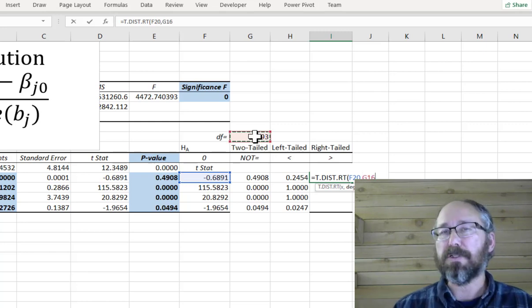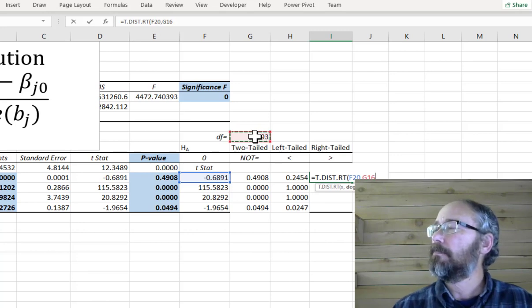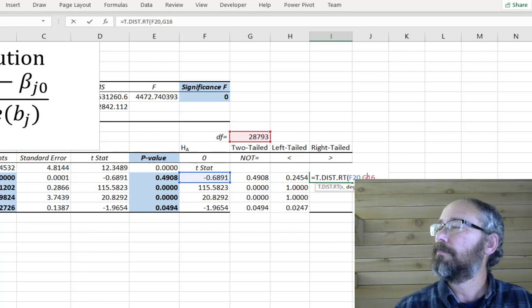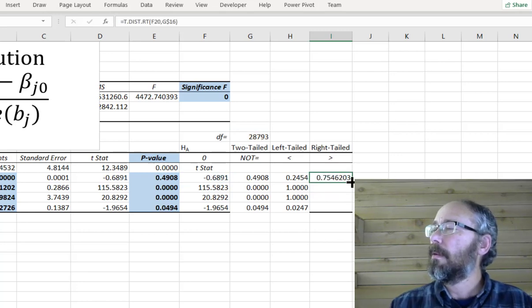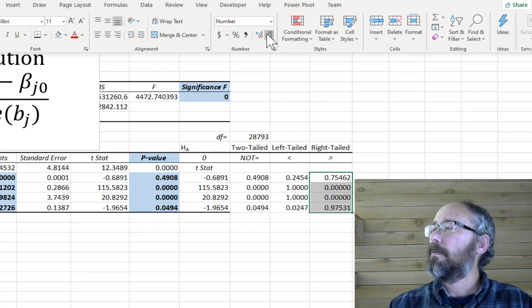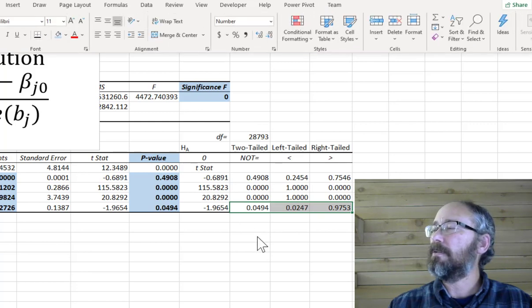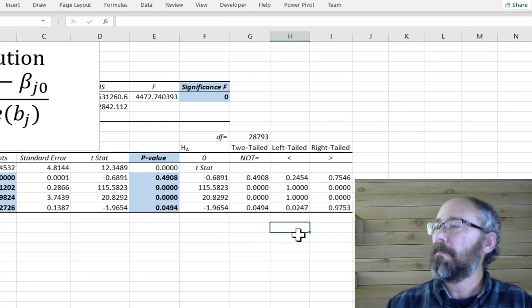Notice that the left-tailed is the only one that's either cumulative or not. Okay. And finally, we'll fix all those because it is good to be nice and orderly.